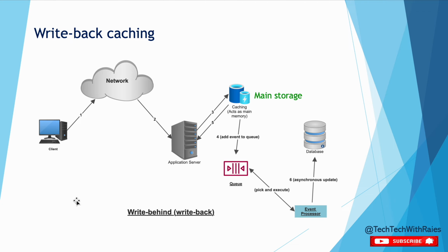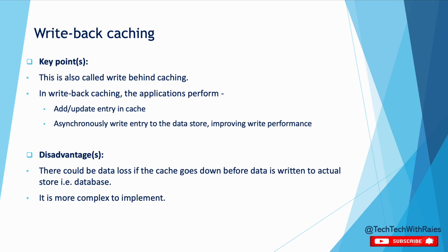There are some good benefits but also some disadvantages of this pattern. Let us see some key points and disadvantages of this pattern in the next slide. So these are key points. This is also called write-behind caching. In write-back caching, the application performs add and update entry in the cache and asynchronously writes the entry to the data store, improving write performance.